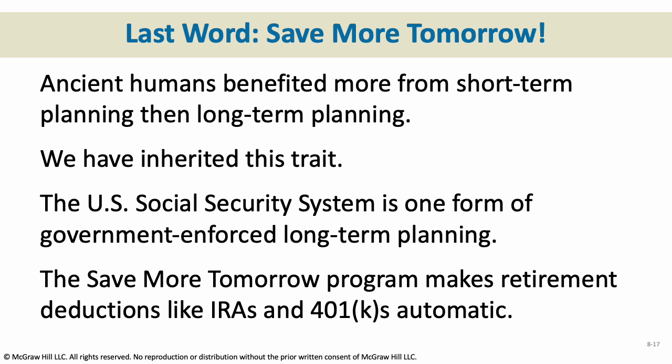Then there are things like IRAs and 401ks, which you can voluntarily contribute to, and those are very beneficial. If you do not have one, I would strongly recommend to anybody in this class, you should certainly open a Roth IRA in the near future and start putting money into it. It will serve you very well in the future.